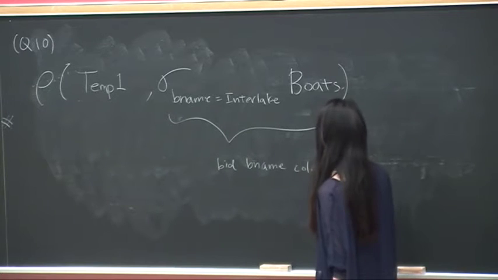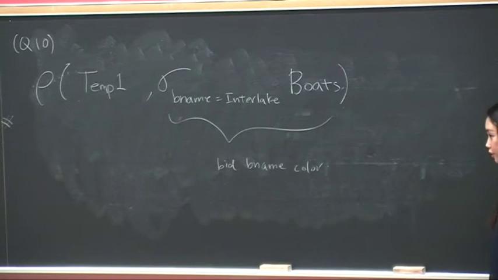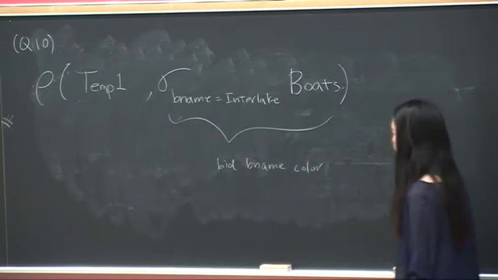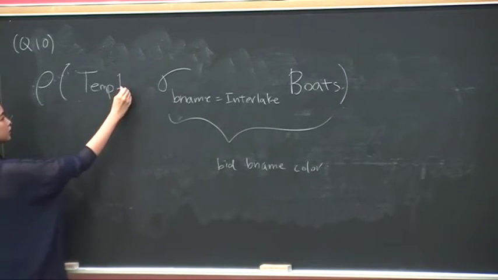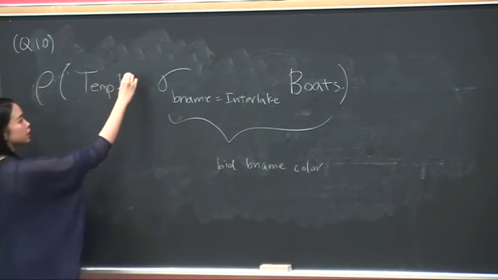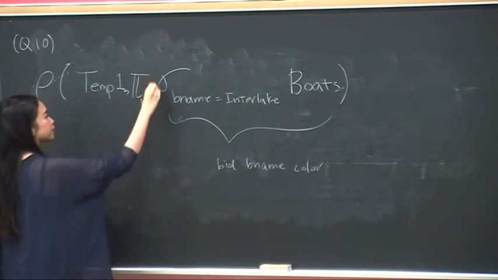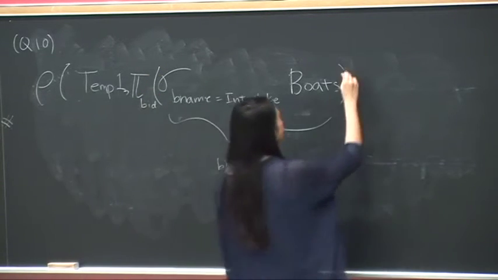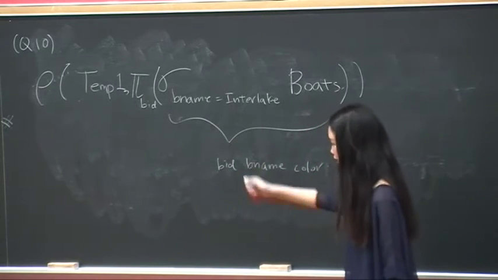But if we want to use it as the denominator in division, it should only have one field, BID. So we should do an extra step right here, which is projection on BID. Then this is ready to be the denominator.